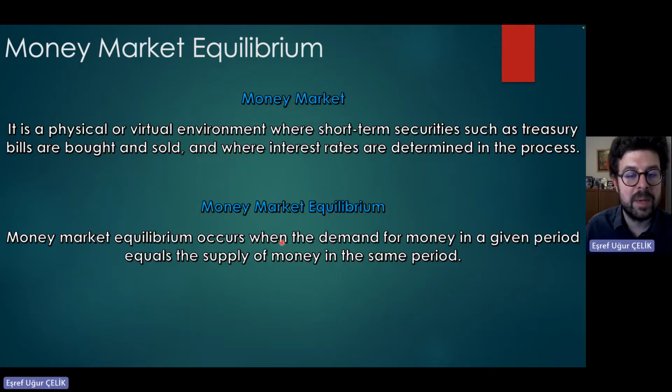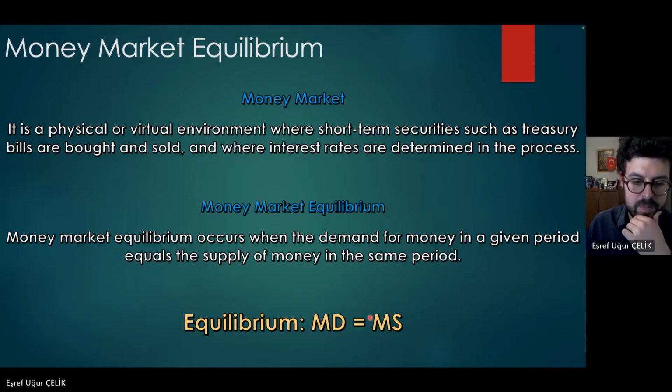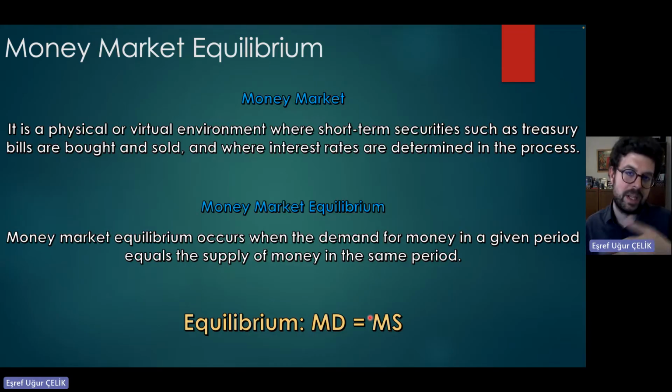The money market cannot change the money supply, but the interest rate is changeable. We can look at the process. So the equilibrium condition is money demand and money supply equality. The intersection point of money demand and money supply gives the equilibrium.